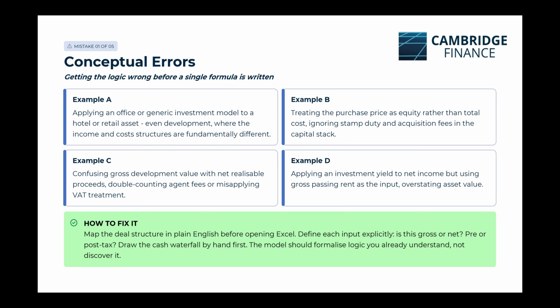So here my example of the conceptual errors, one that I see the most, is somebody has done a model already, and then you are using this model for everything that you see. So there's an office model or one that you have downloaded from the internet.